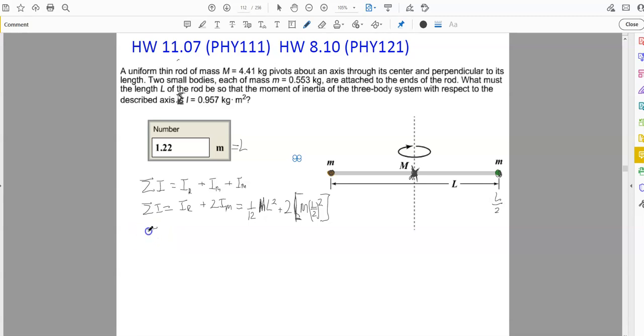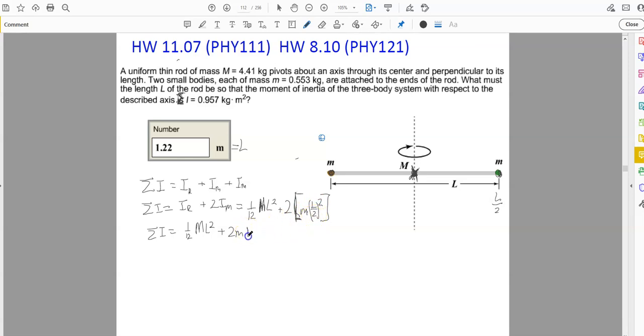Okay. So the total moment of inertia, which is 0.957, is going to be equal to 1/12 capital M L squared. And I got to make sure that looks like a small m. Small m. So that's 2 of those. So this is going to be equal to 2m, and that's L squared over 2 squared.